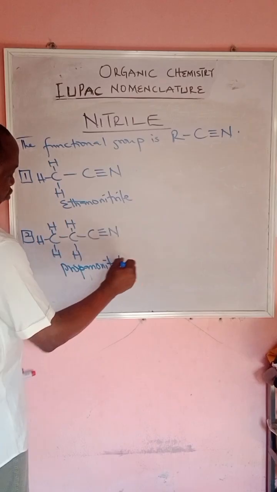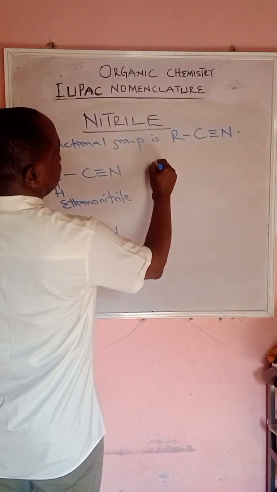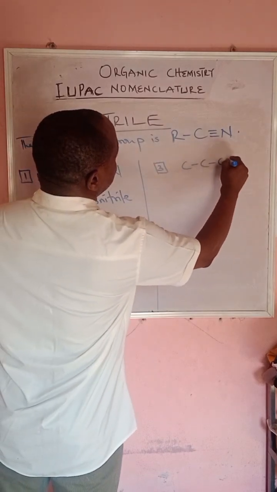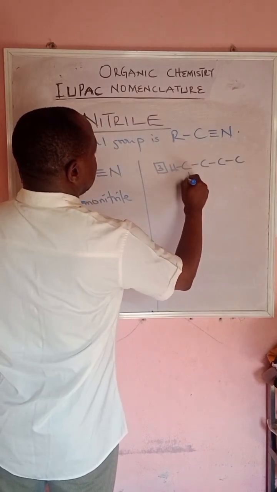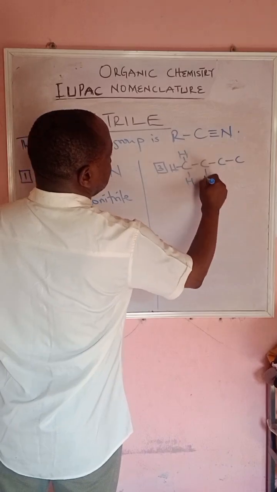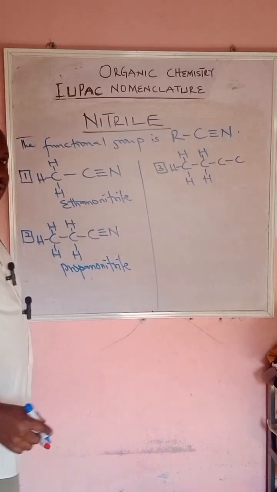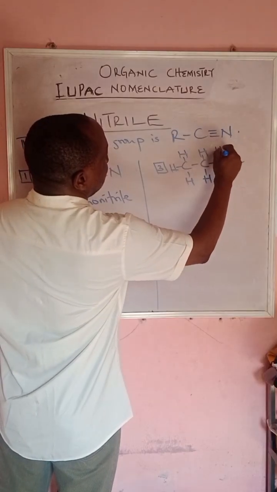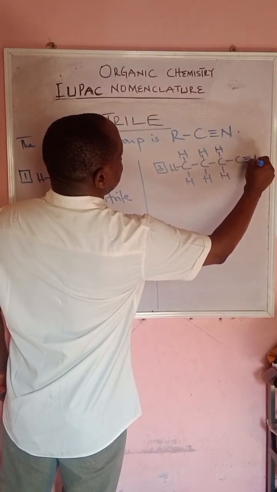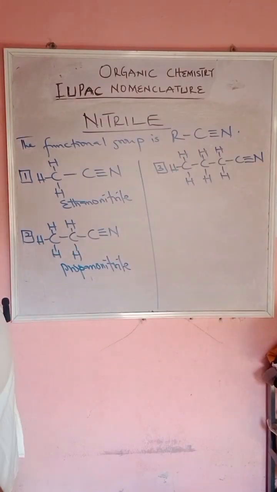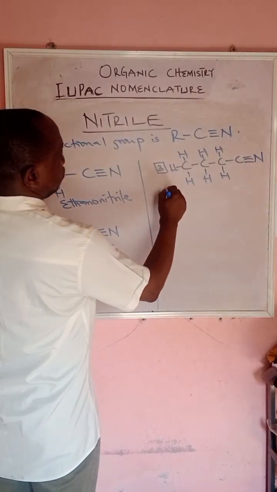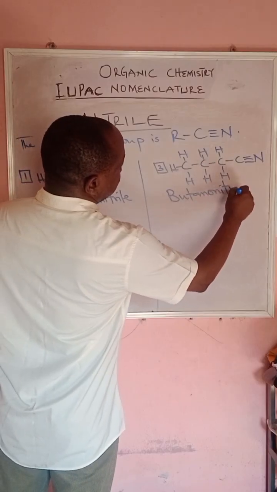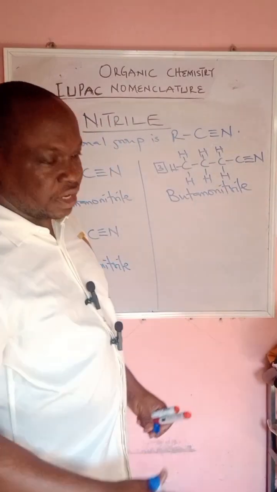You have 1, 2, 3, 4, with hydrogens, and this one to be CN, like that. So this one will be butanenitrile. Butanenitrile, and so on. That's how to name nitriles.